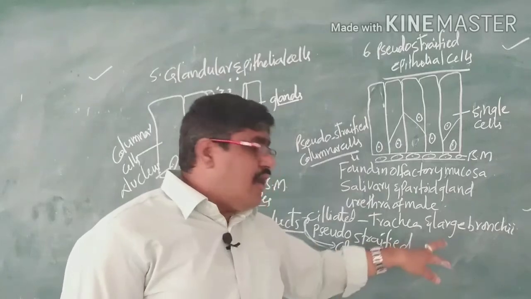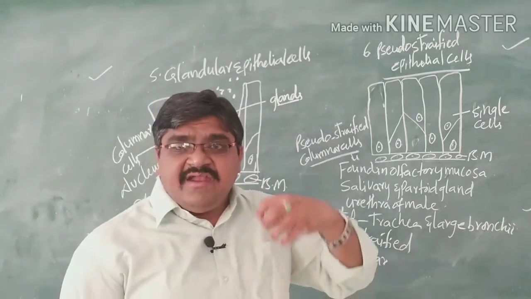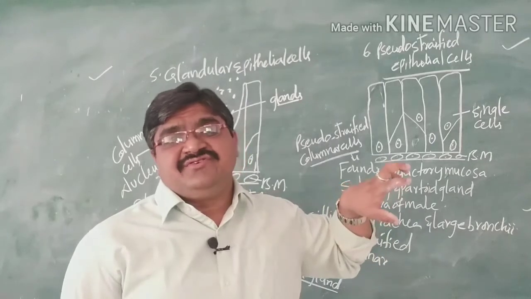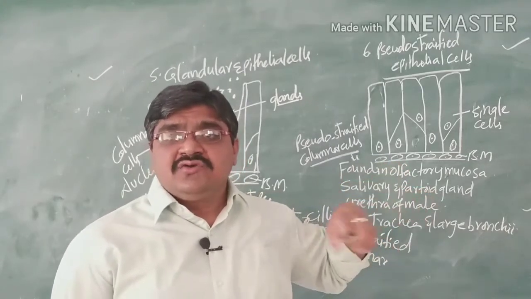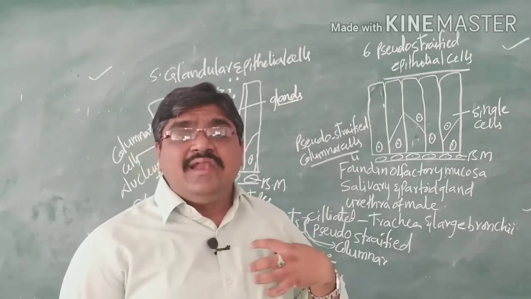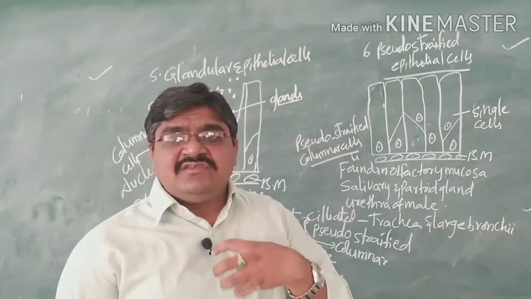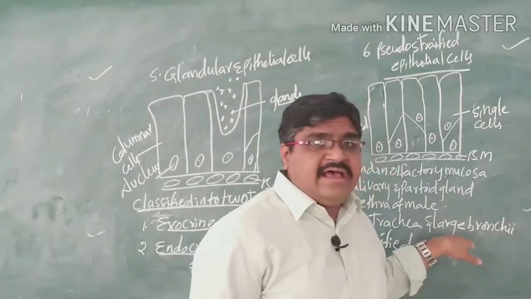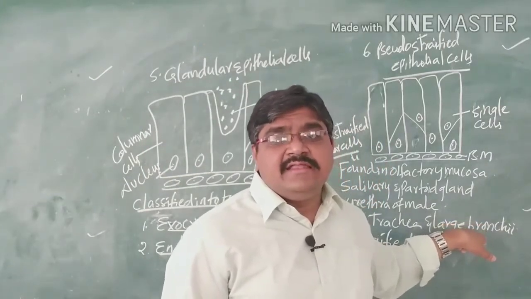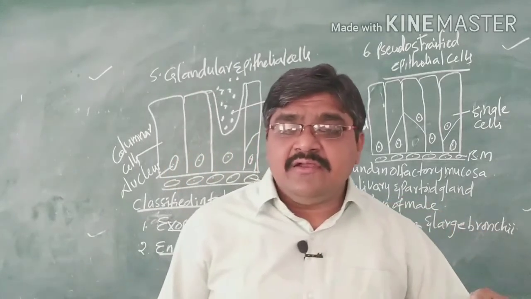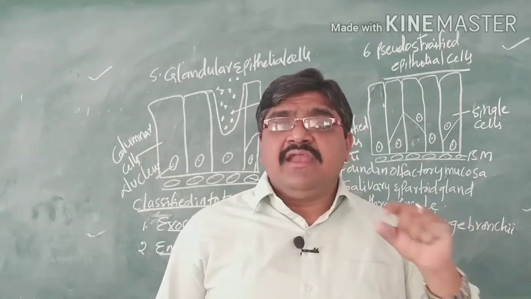The trachea is divided into two parts called bronchi, which enter the two lungs, so we call them large bronchi. The bronchi also consist of pseudo-stratified ciliated columnar cells.